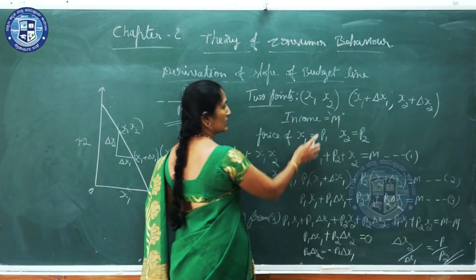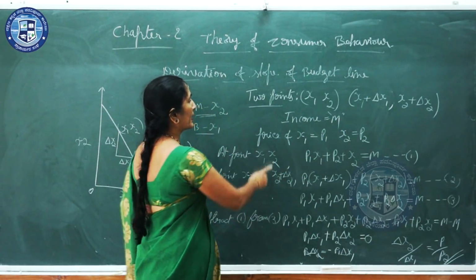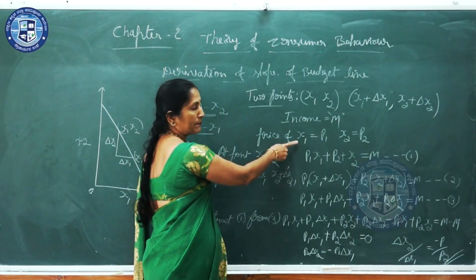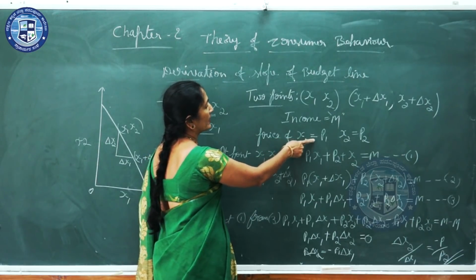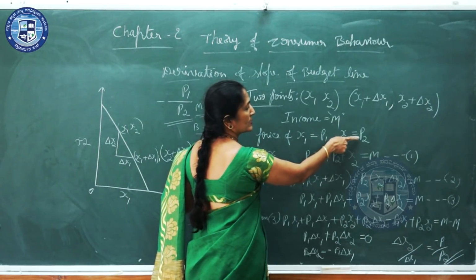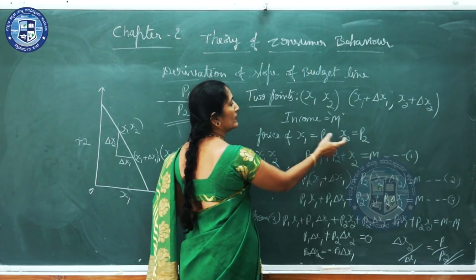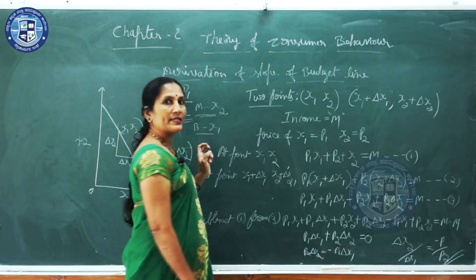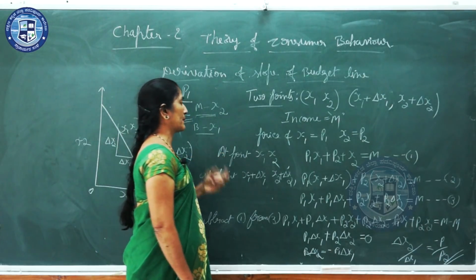The income is denoted by the letter M. The price of commodity x1 is P1, and the price of commodity x2 is P2, the prices of the 2 commodities respectively.